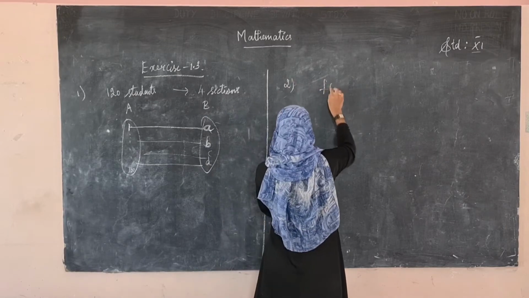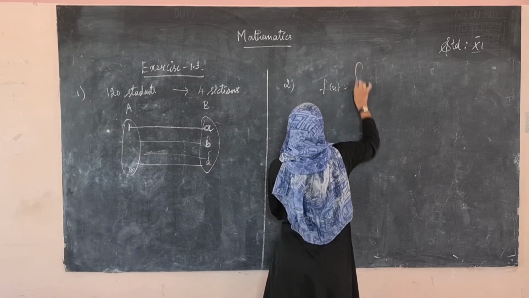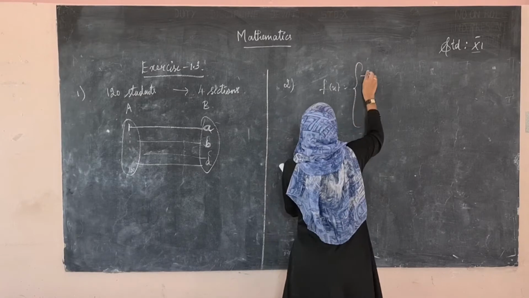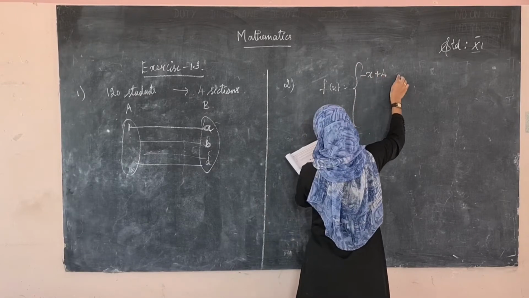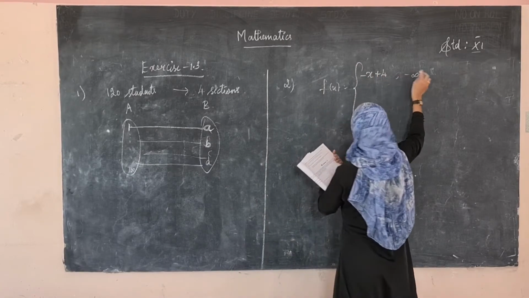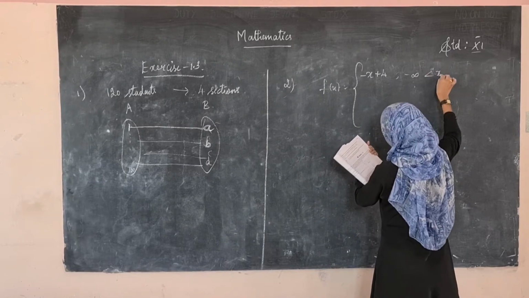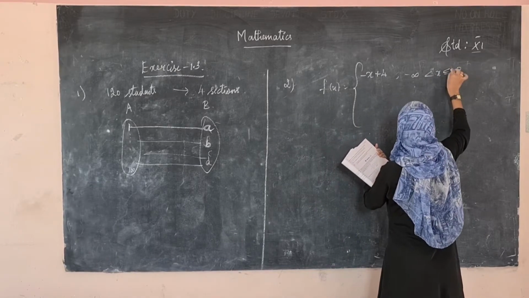They have given f of x is equal to minus x plus 4 if minus infinity less than x less than or equal to minus 3.